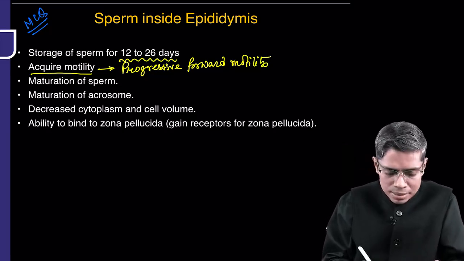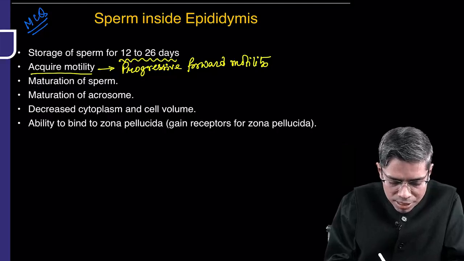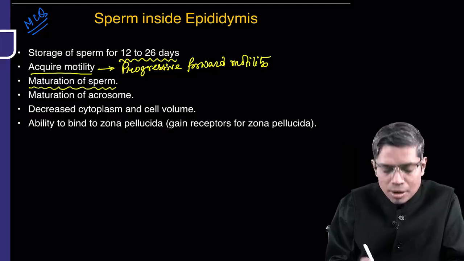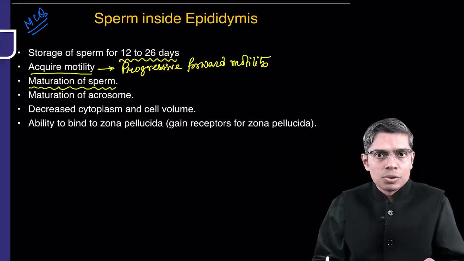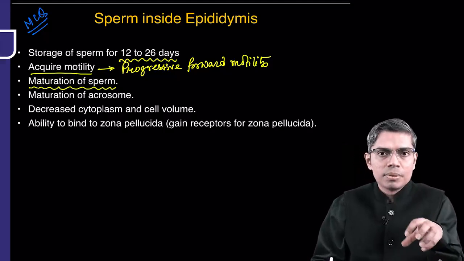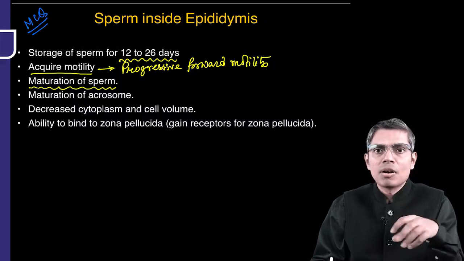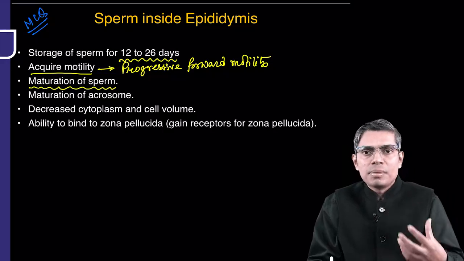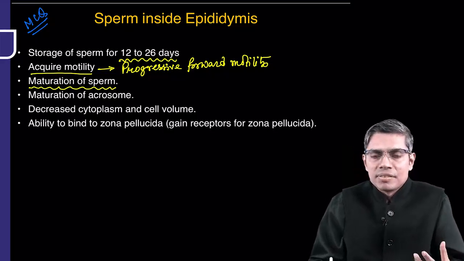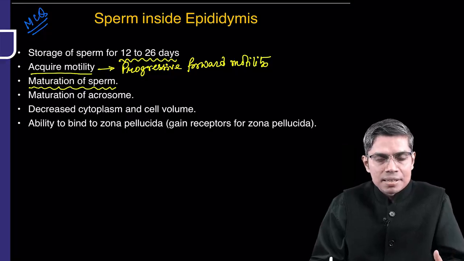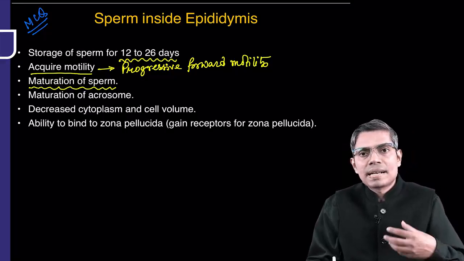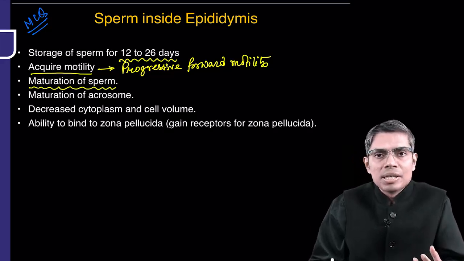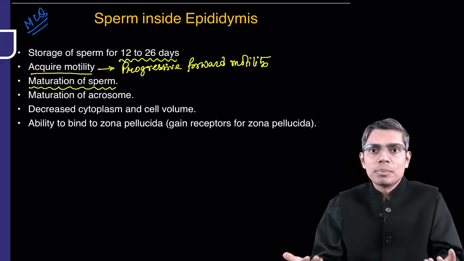Not only that, the sperm becomes almost fully mature at the level of the epididymis. So, if you aspirate the sperm from the epididymis, it is capable of fertilization. But normally, when the sperm is ejaculated into the vaginal tract, the female genital tract, there is a process known as capacitation, by which the sperm become hypermotile.